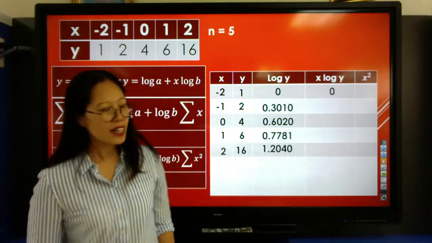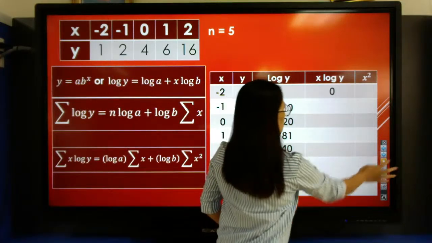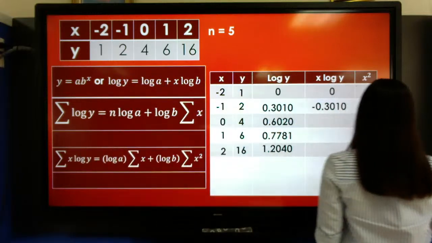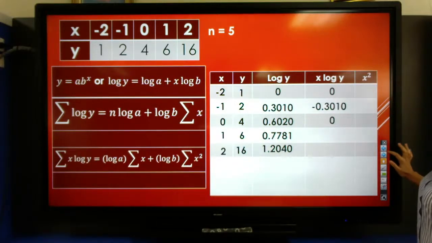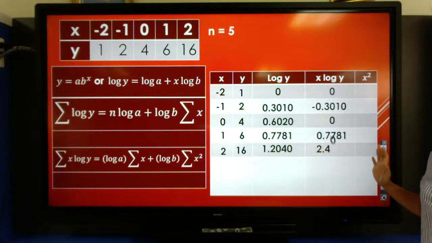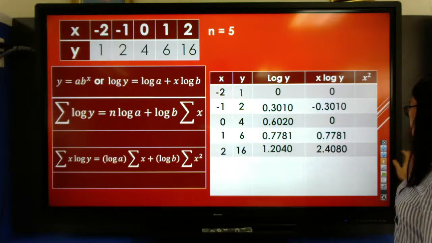So all we do is multiply this column and that column. So we'll be getting these. Again, we already finished this last meeting, so I'm just trying to review.